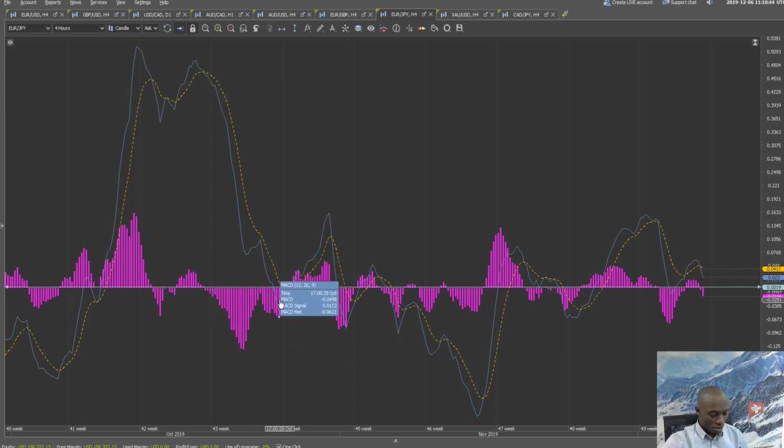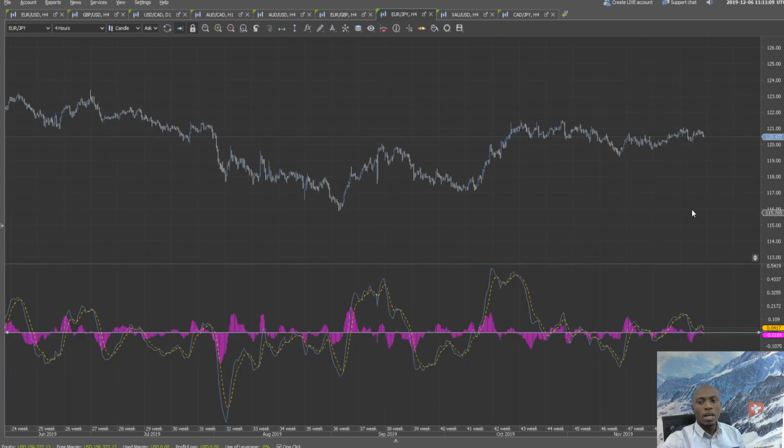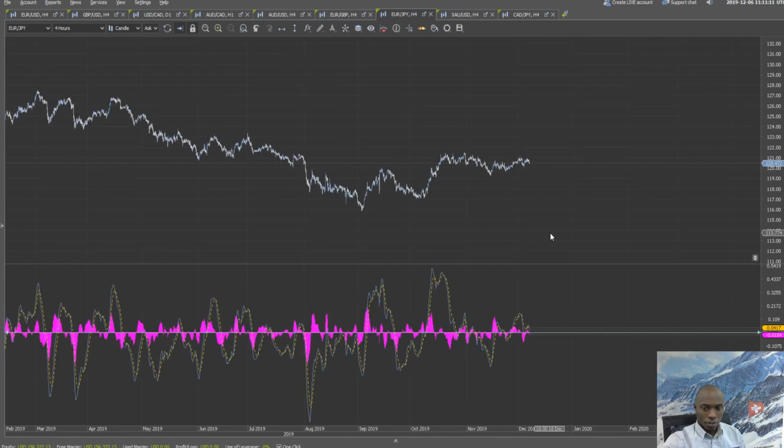How can you figure the buy signal or the sell signal? It's very easy theoretically, but practically it's kind of complicated. I will just be frank with you. So let me bring the price chart. Okay, look at the price chart right now.